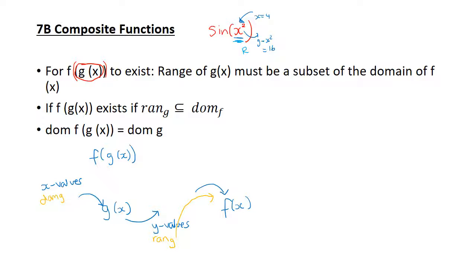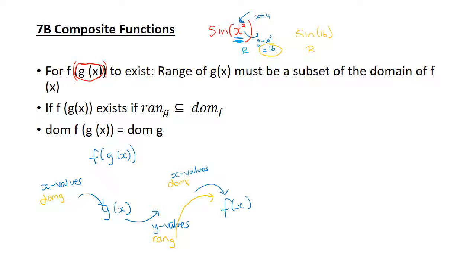But I'm only allowed to put certain values into my outside function. Once again, what I'm substituting in are the x values of this f of x function. So what I'm trying to put in there is the domain, the possible x values that this function can take. In my example up here, if I'm trying to work out sine of 16, that is going to be possible because we know that the domain of sine is the reals.